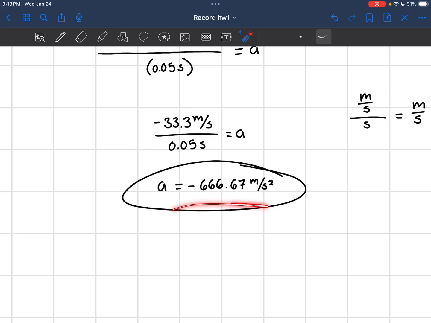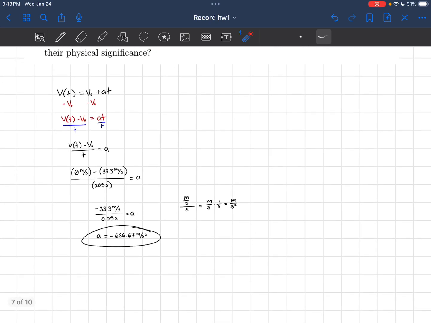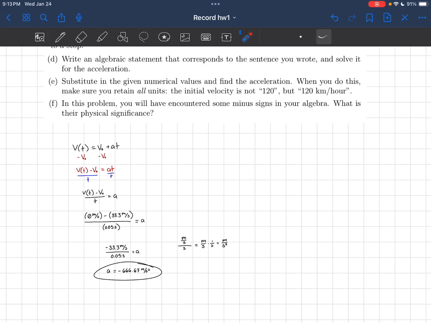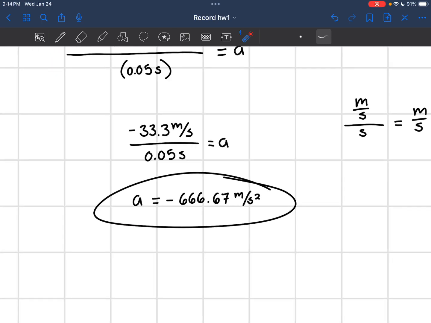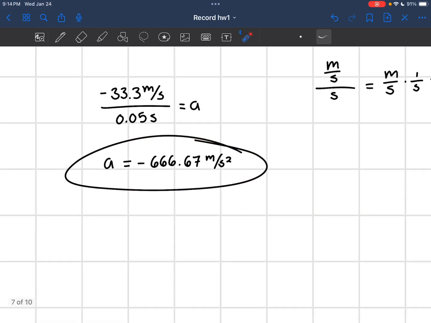I answered the question. Now, we have encountered some minus signs in my algebra. We have this negative acceleration. What is the physical significance of that minus sign? Because remember, we're not just doing math anymore. We're doing physics. And math is the language of physics, but in the end, we're using the math to communicate a physical quantity, right?